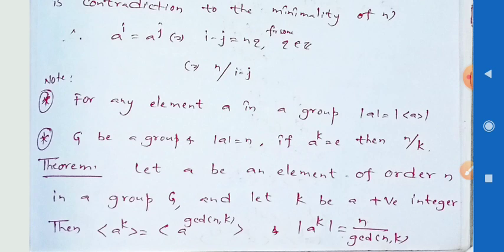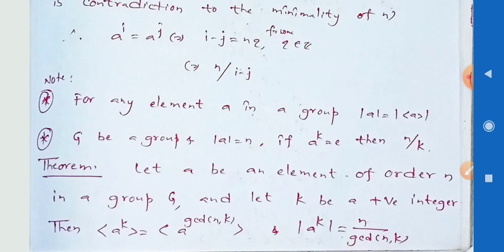Then the generator of a^k is equal to the generator of a^gcd(n,k), and the order of a^k is equal to n divided by gcd(n,k). We have to show these two conditions.